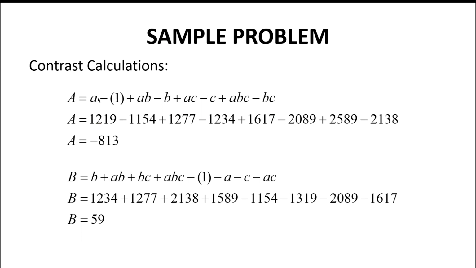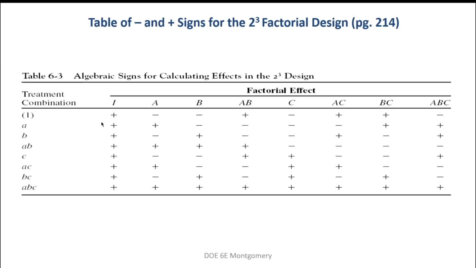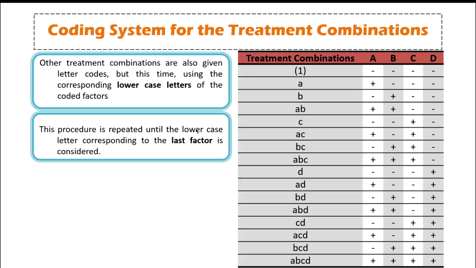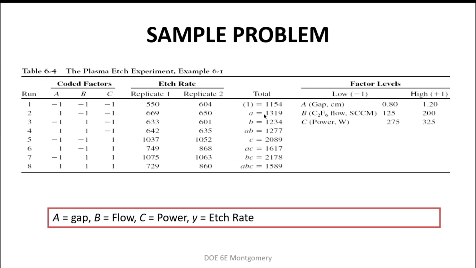So for example, nung treatment combination A, that is a setting that has a high setting si factor A. Therefore, positive value yung i-assign natin sa kanya. So, whatever yield na nakuha natin, so for example, dito sa table na to, etong si factor A is 1319, kunwari dito, no? Therefore, positive 1319 siya.